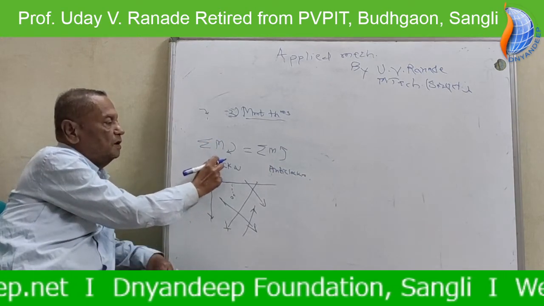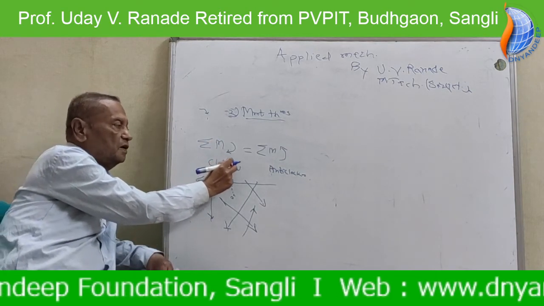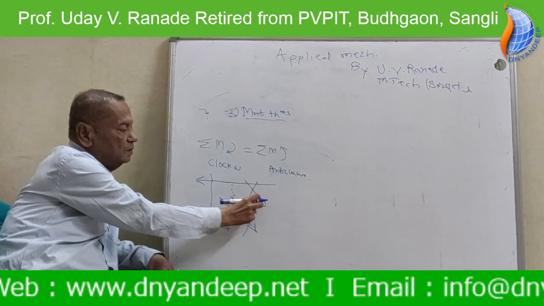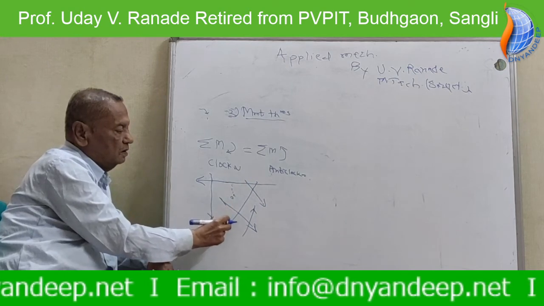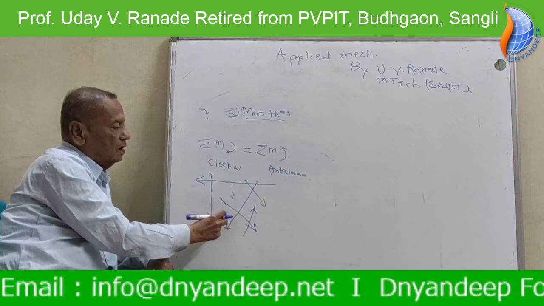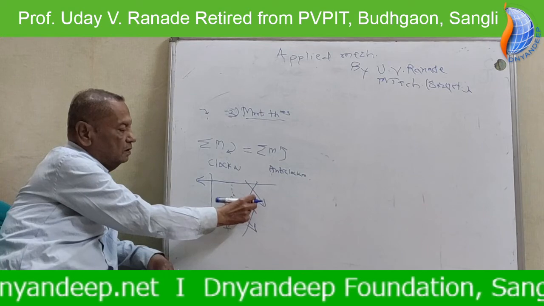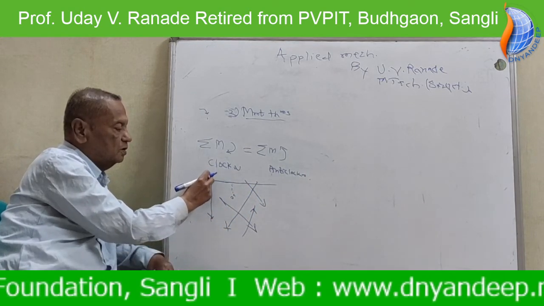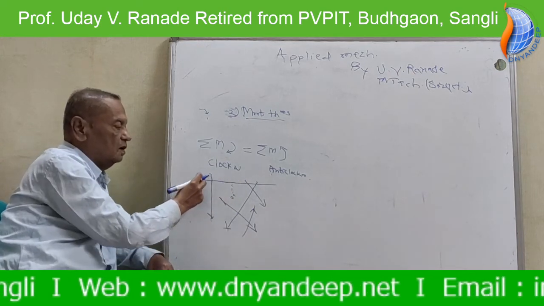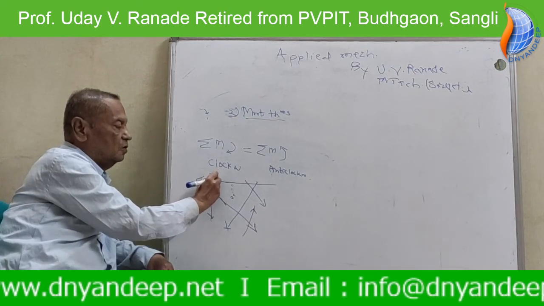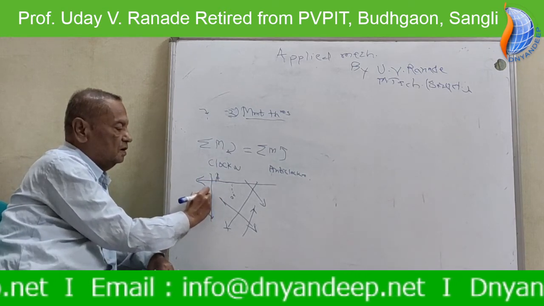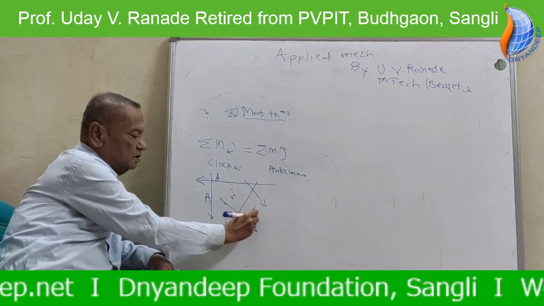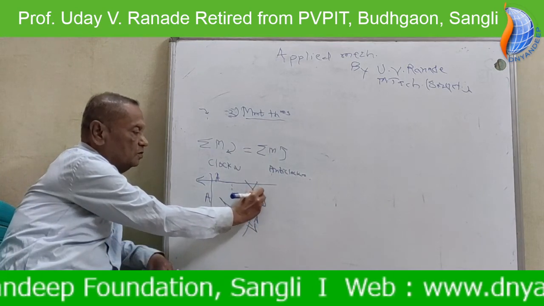So the summation of moments in clockwise direction, clockwise moments, equals the summation of anti-clockwise moments. So these moments are clockwise, whereas this moment due to the force is anti-clockwise. This also is clockwise. This also is anti-clockwise. This is an anti-clockwise moment. This is an anti-clockwise moment. This is a clockwise moment. This is an anti-clockwise moment. This is clockwise.